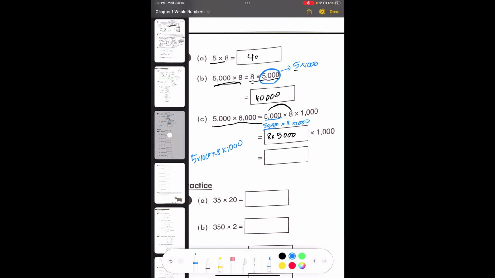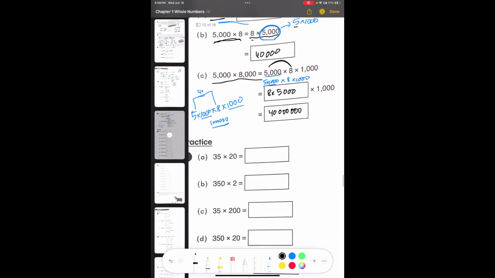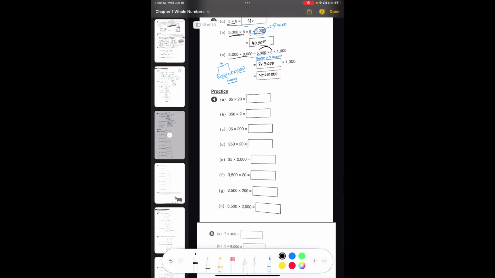Like, what are you going to do? Well, as we know here, 5 times 8 is 40, so we can take out 5 and 8. 40. And we have 1,000 and 1,000 here, which is the same thing as 1 million, right? So we're taking 1 million times 40, and as we already know, 1 million is a multiple of 10, so 40 million.